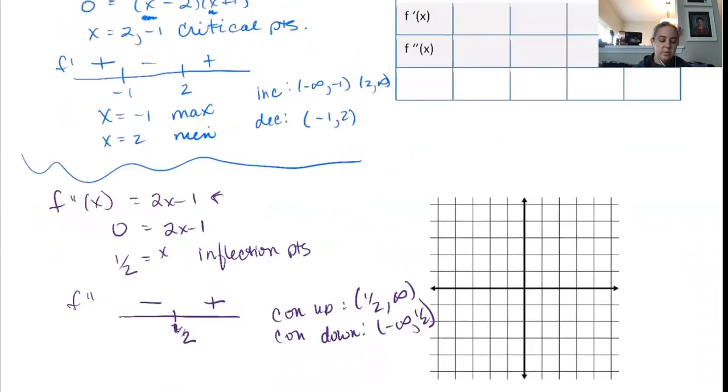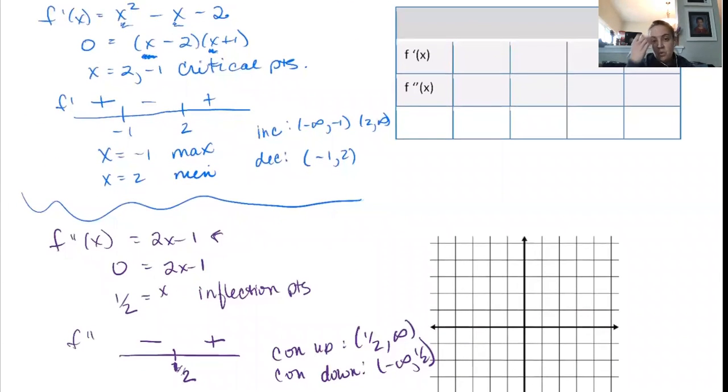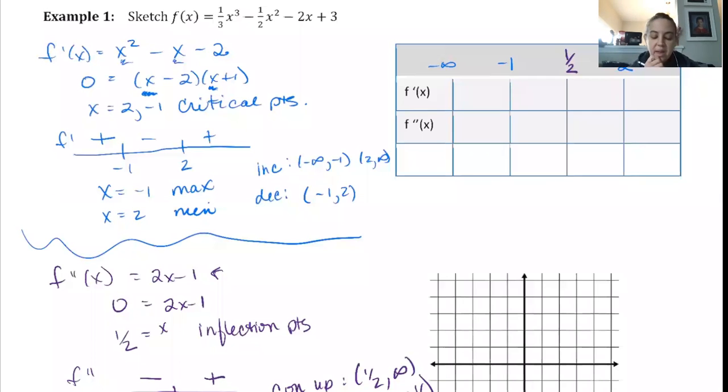Now we want to take all this information and organize it on the table that we have up above. I'm going to show you what that looks like in just a moment. Okay, so on the table, I've put my inflection point right here, and I've also placed my critical points right here and right here.